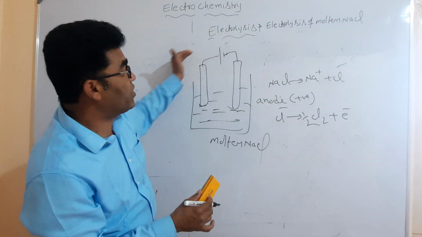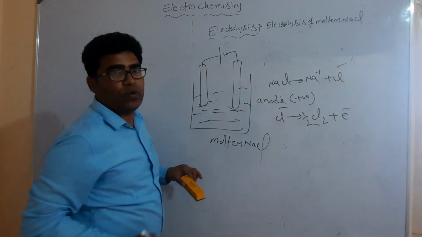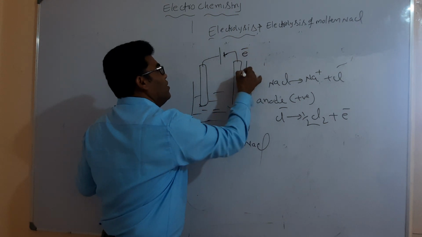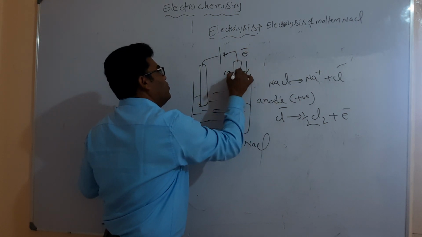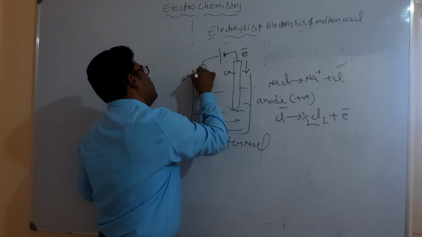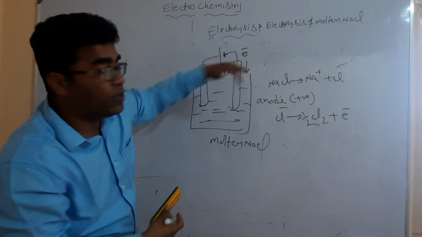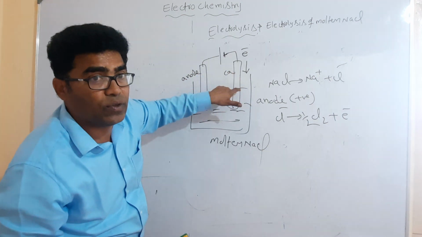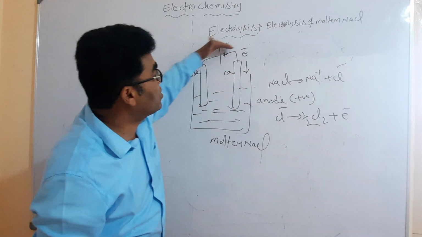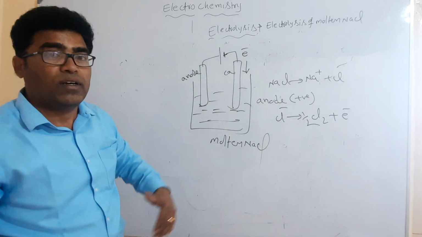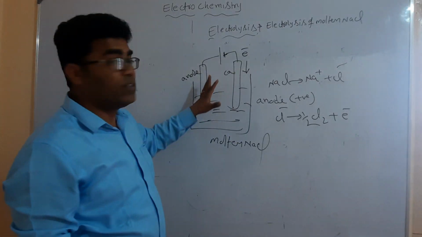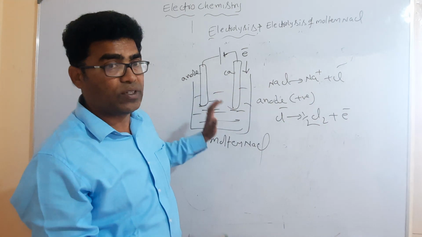In the external circuit, electrons enter into the cathode, so electrons come like this.